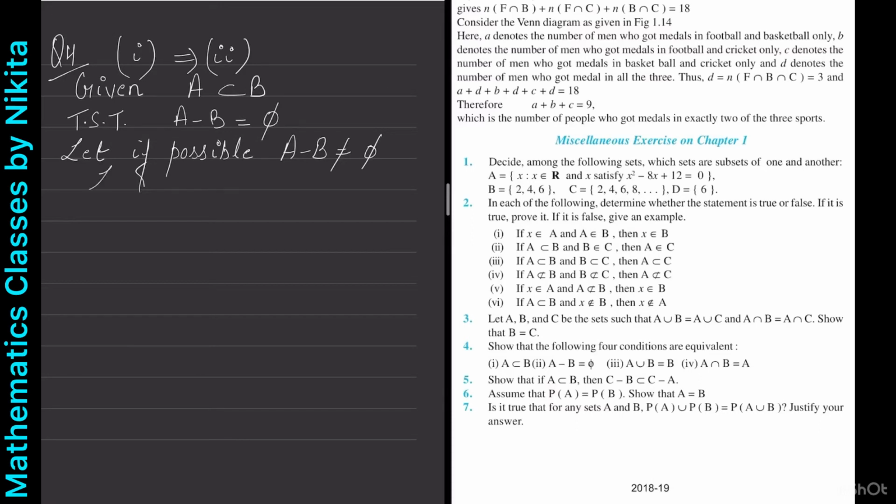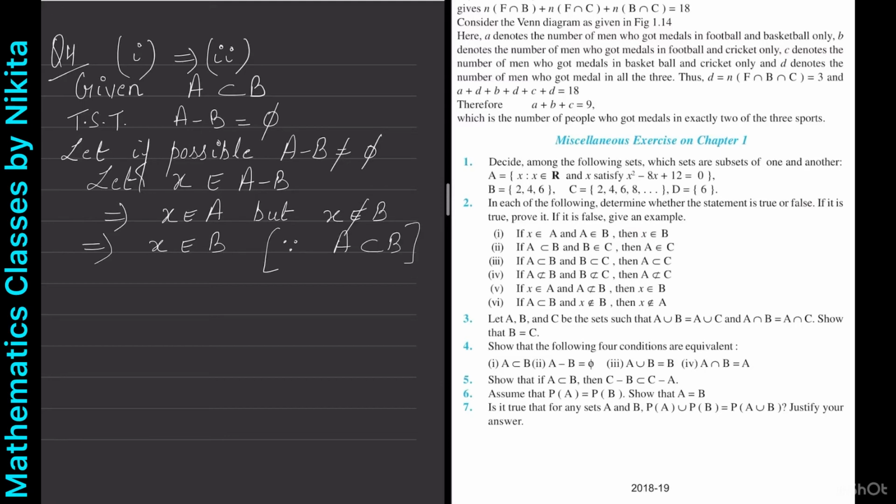So let us choose X. Let X belong to A minus B. This implies that X belongs to A, but X does not belong to B. And this implies that X belongs to B. Why? Because it is given that A is contained in B. So you have to use the given condition too.